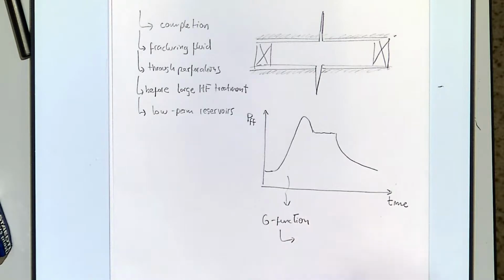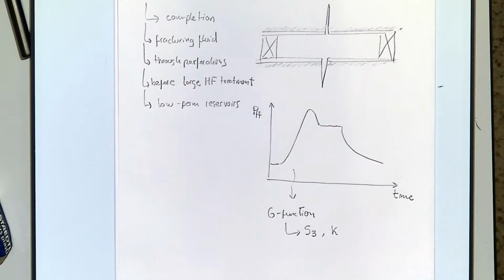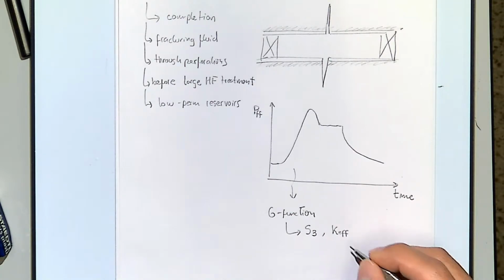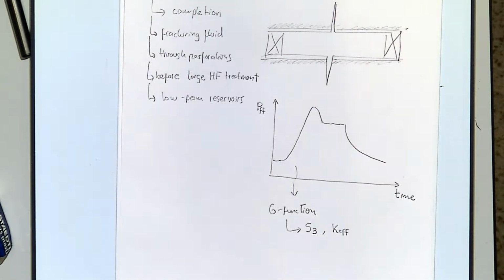And from here, same as before, you get your minimum principal stress, but also you can get the permeability of your formation. Many times you can call that an effective permeability because there are going to be some fractures in that formation. But it is exactly the same concept. It's just a little bit of a different analysis.